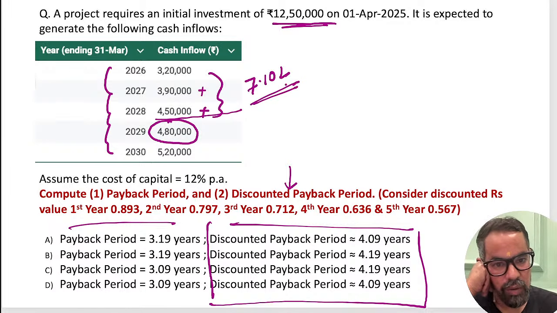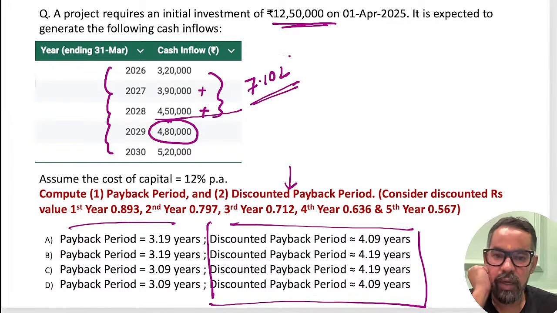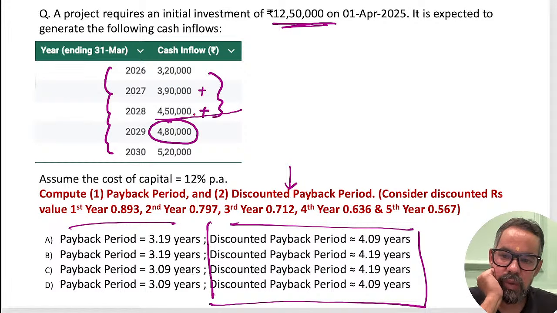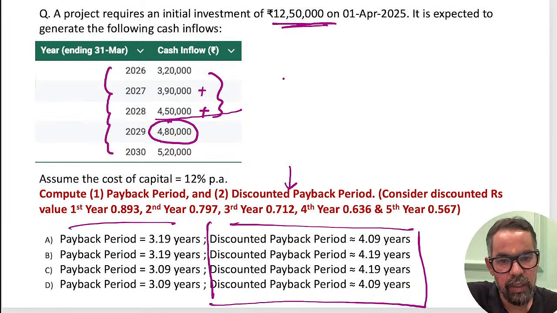No, not 7.1 lakh, it is 6 point, okay, the third year. So it is coming around, can you tell me the numbers? 10,50,000, 12,50,000, 11,60,000, okay? 11.60. Please do correct me if I go wrong.